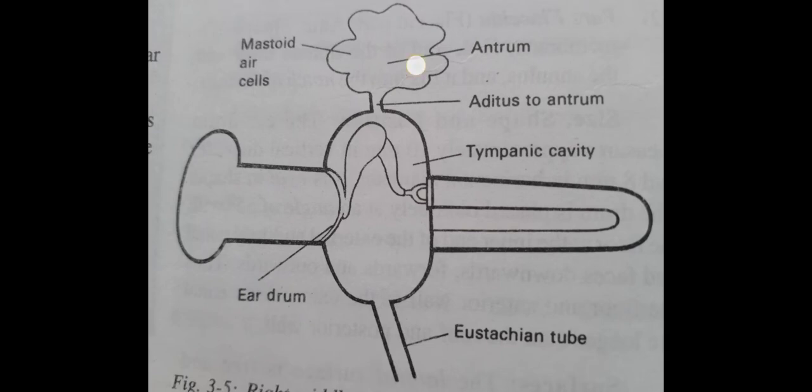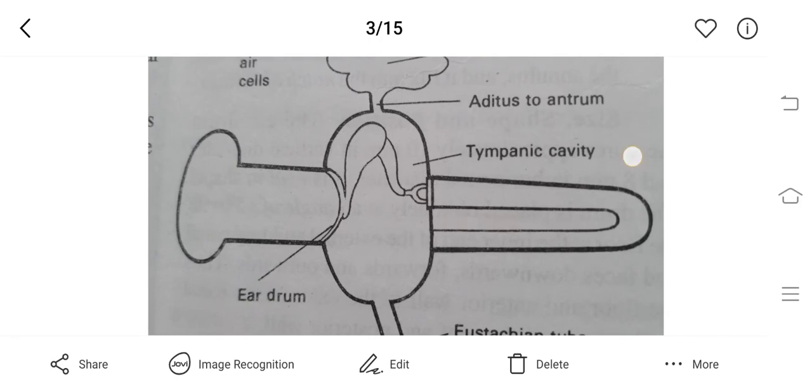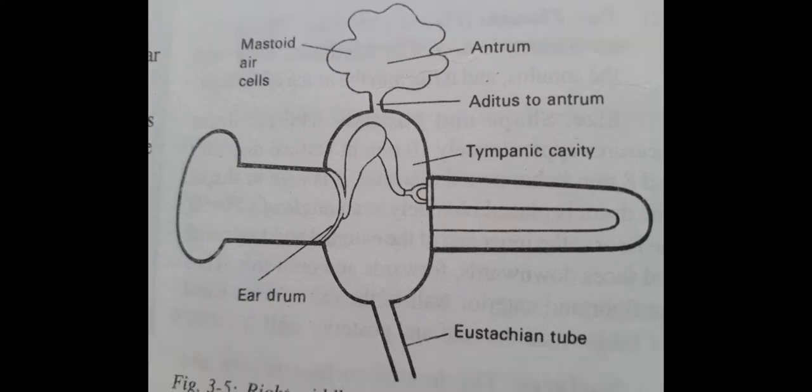Then this is mastoid antrum. It is the largest air cell in the mastoid bone. The antrum is an important landmark in the surgery of the mastoid bone. Anteriorly the antrum receives aditus, and the facial nerve also lies anterior to the antrum, and medially it is related to horizontal semicircular canal.